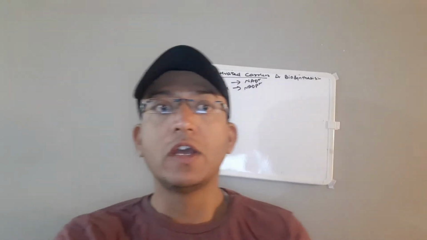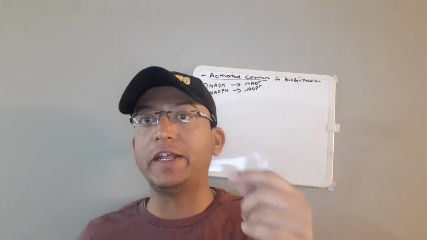You will see a picture on your screen. During this special set of energy-yielding catabolic reactions, as you are seeing in your picture, a hydride ion is removed from the substrate molecule and added to the nicotinamide ring of NADP plus. This is on the left side that you are seeing.